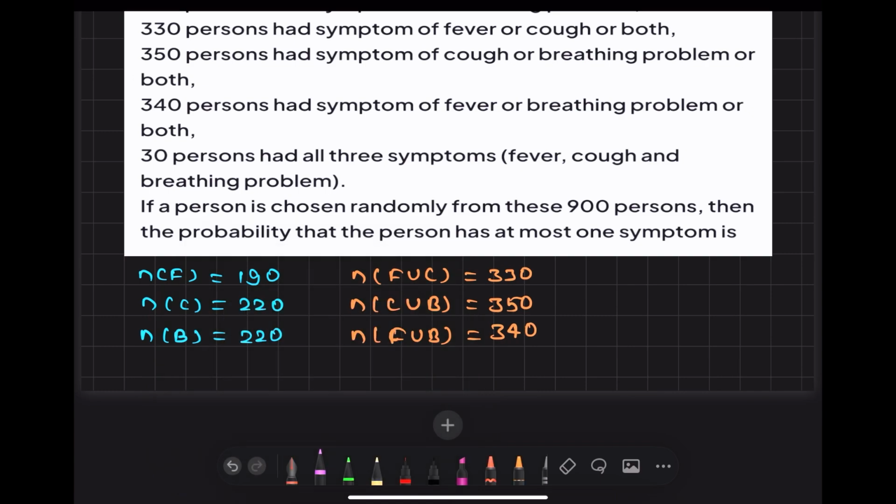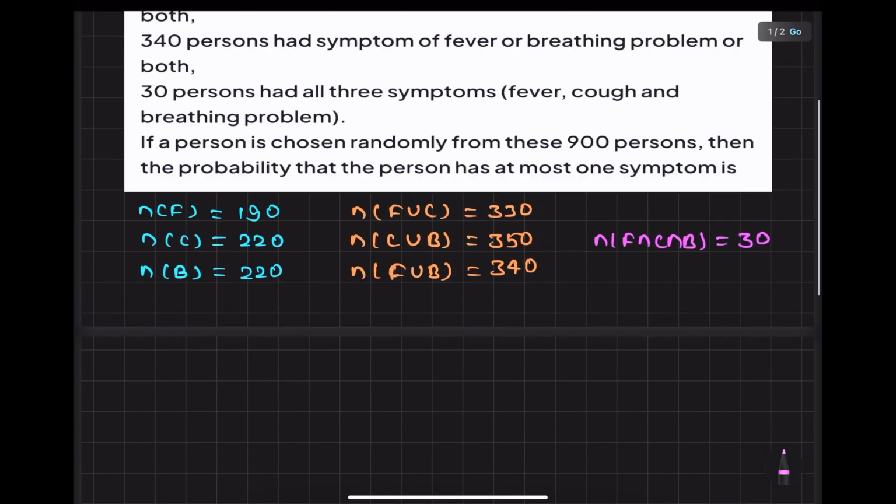So we have N of fever intersection cough intersection B, means that person is having fever as well as cough as well as breathing problem. So they are 30 in count.